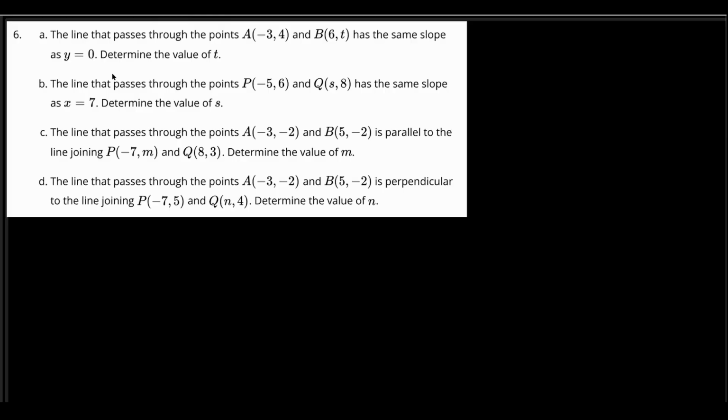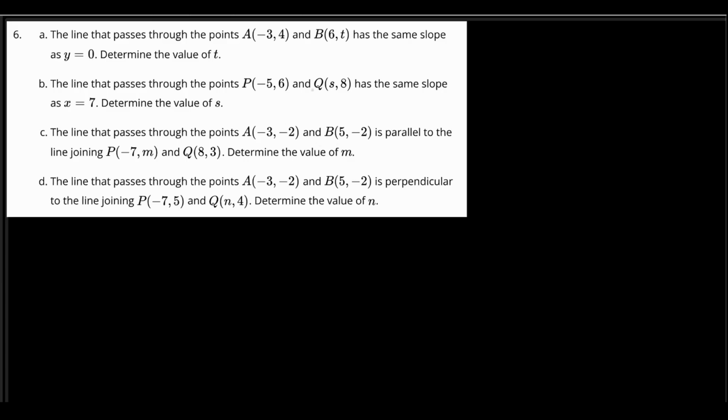Question 6 says the line that passes through the points A and B has the same slope as y equals 0, so we have to determine the value of t.